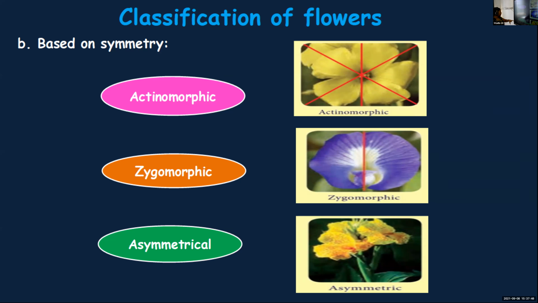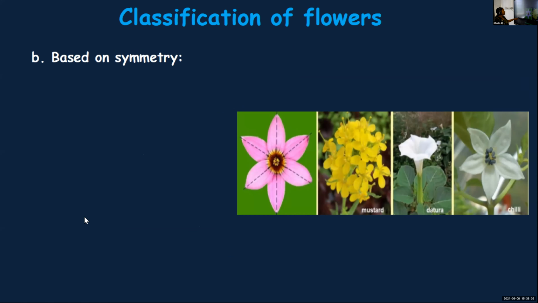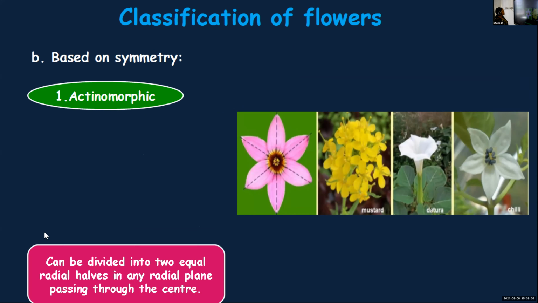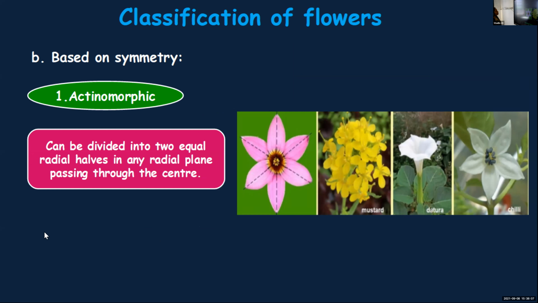We'll be learning about each one in detail. We'll start with the first one, actinomorphic. In actinomorphic flowers, you can divide it into two equal radial halves in any radial plane passing through the center. In the first flower, you can see a dotted line.